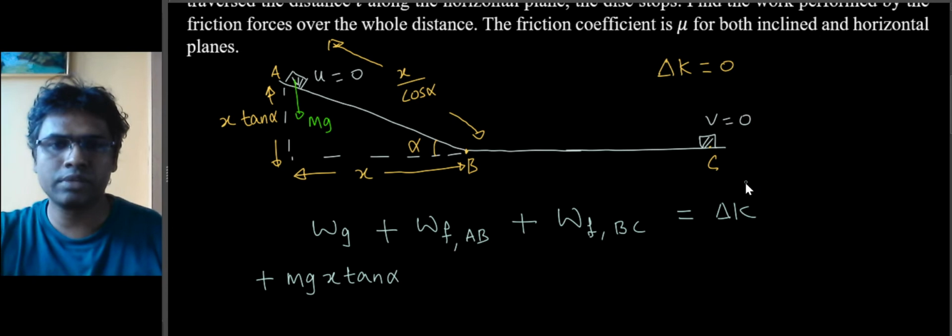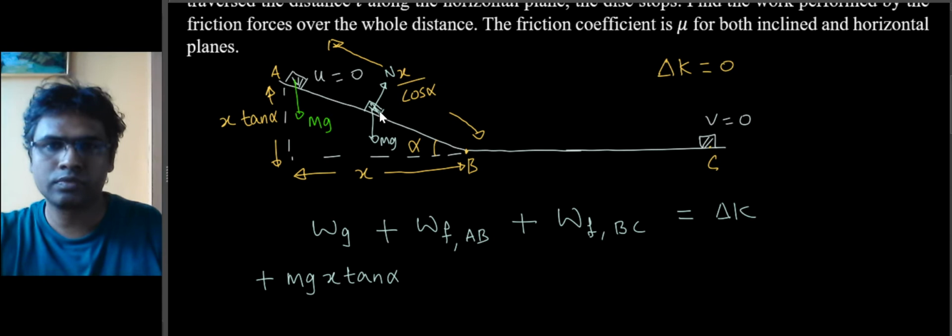Plus we need to get the work done by friction. Now if I consider the incline, while the disk is on the incline, if you look at the free body diagram, the normal force is in this direction, mg is in this direction. If I take the component of the gravitational force, this is alpha, so the component is mg cos alpha.